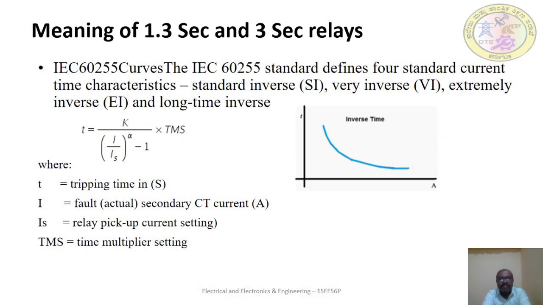Next, the meaning of 1.3 second and 3 second relays. These are usually the mechanical relays we discussed in earlier slides. Electromechanical relays were developed in the 1800s. They were the first form of electrical protection, and are still reliable and widely used.